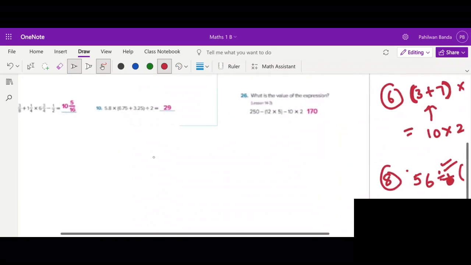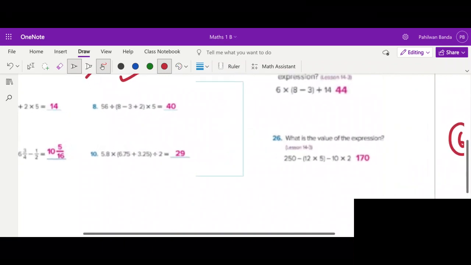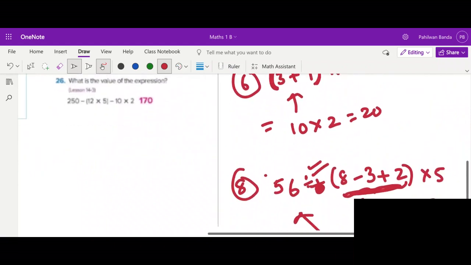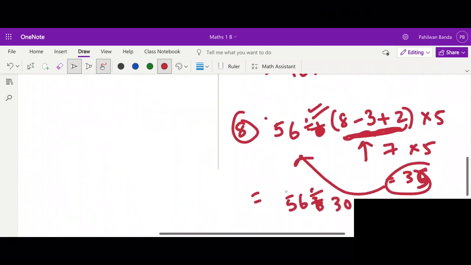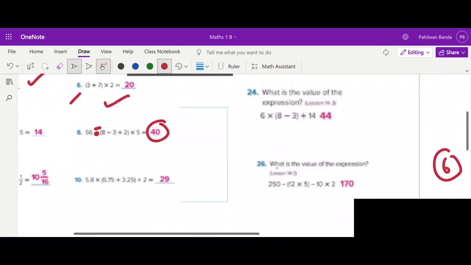So when you have 56 divided by 30, let's see. 8 minus 3 is 5. 5 plus 2 is 7. 7 into 5 is 35, right? So 7 times 5 is 35, sorry. So 56. This looks like minus. Okay, this looks like minus. That is why the answer is 40. So this is not division, this is minus.